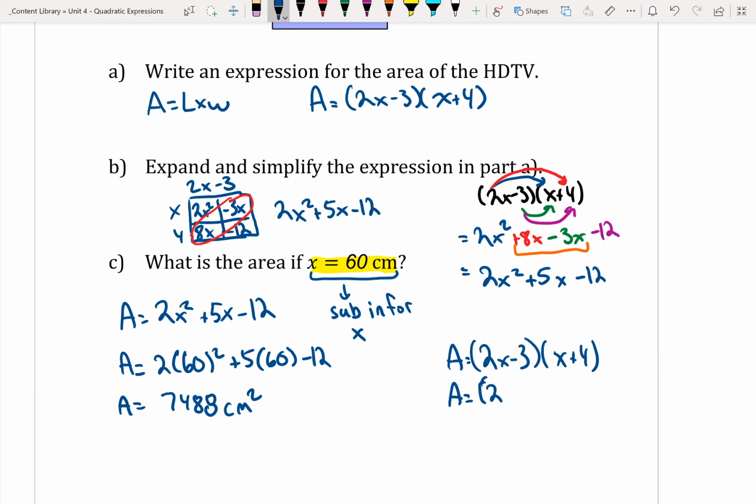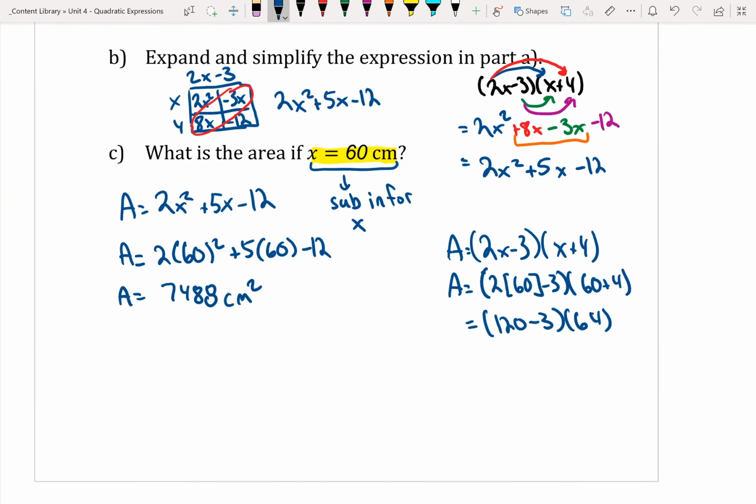So we would have 2 times 60 minus 3 times 60 plus 4. 120 minus 3 times 64. And you would get still the same answer.